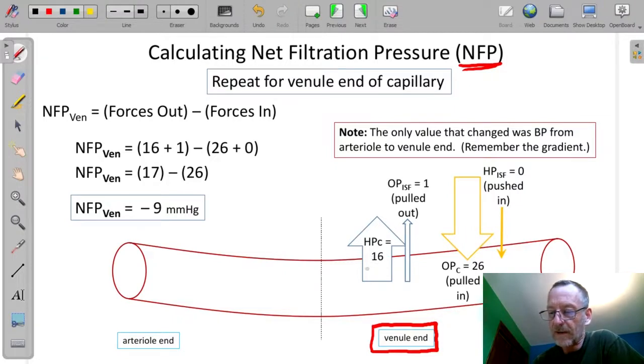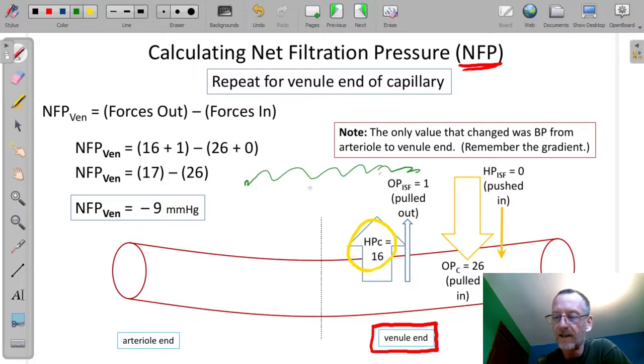The osmotic pressure in the interstitial fluid is the same over here on the venule side as it is over here. It's all interstitial fluid. And the osmotic pressure hasn't changed because the albumins didn't go anywhere.